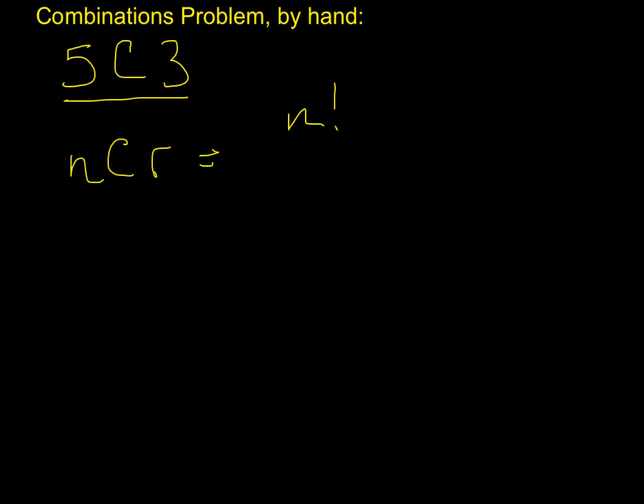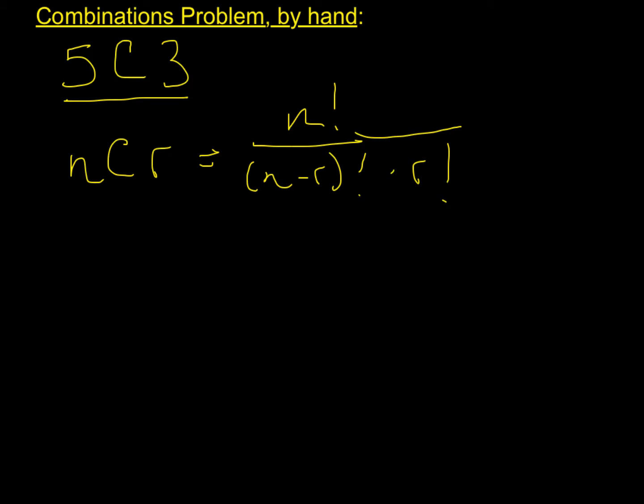So we write this now as 5 choose 3. And the formula for this is nCr is equal to n factorial divided by n minus r factorial times r factorial.